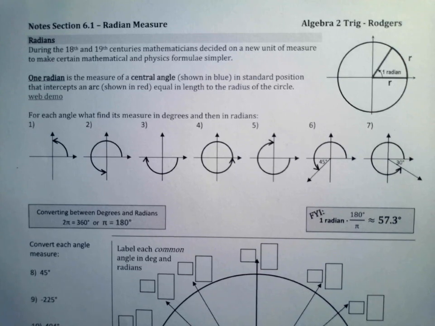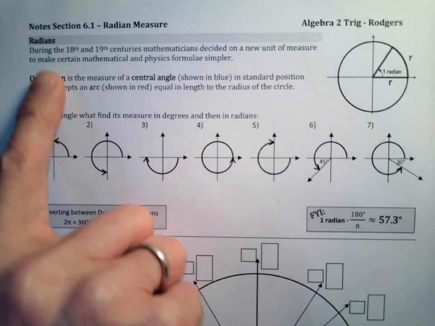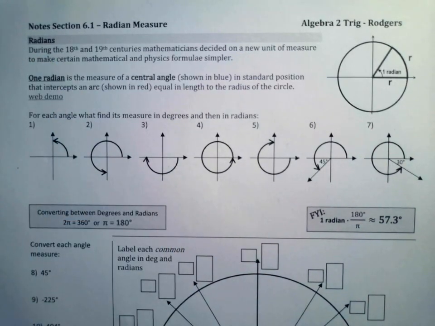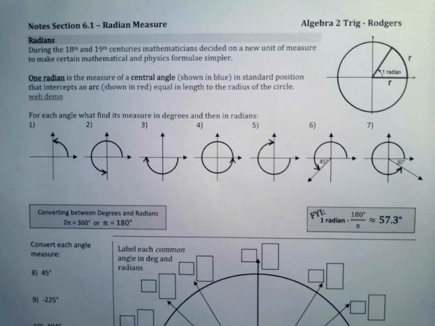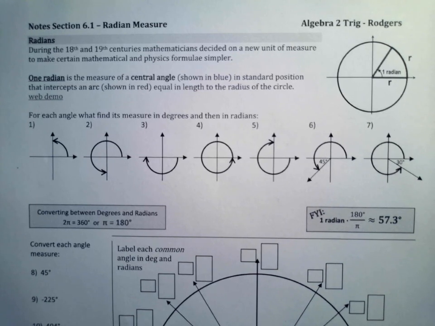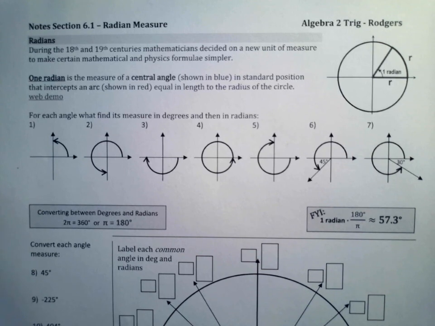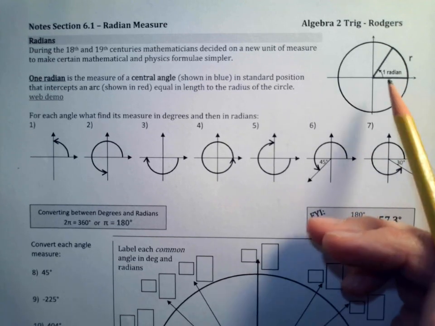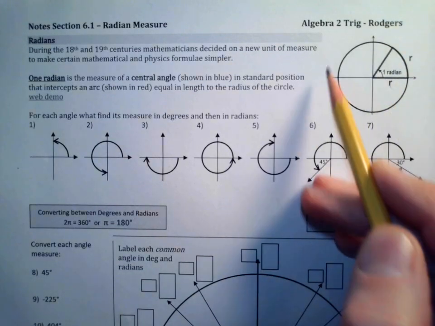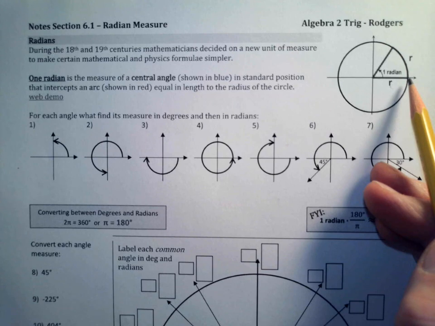Okay, so radians. In the early 1700s, people started using this idea of radians, and so instead of degrees, they related the amount of rotation to the radius. So, for example, here I have a circle of radius r.